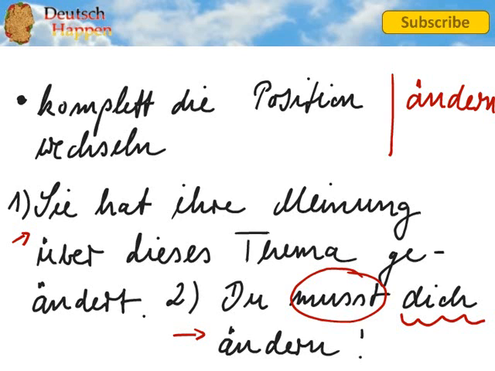I don't like this attitude, or I want you to change completely from what you were before to what you are now. Once again, a complete change is expressed by the normal version of ändern.